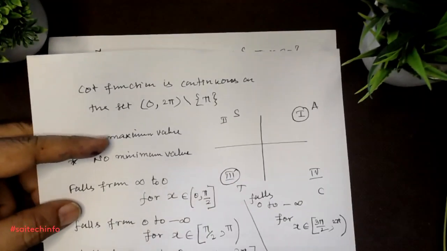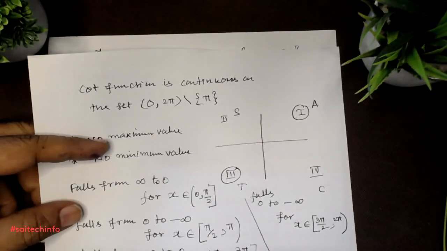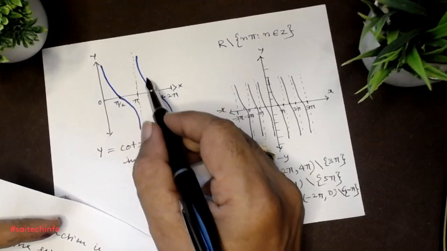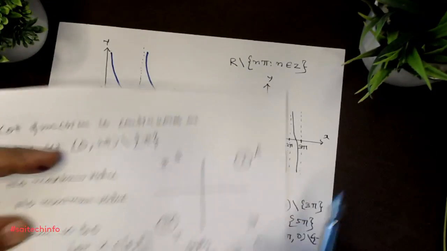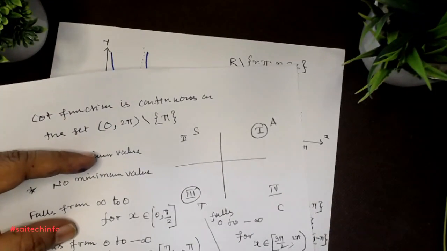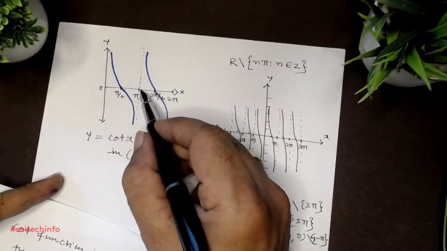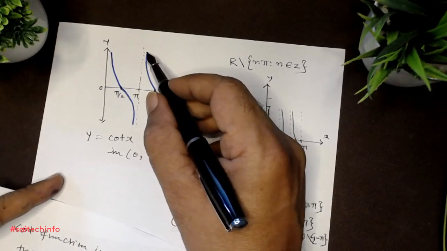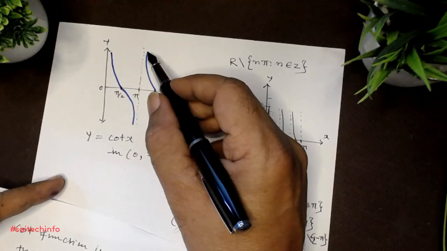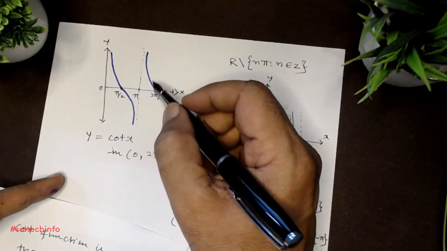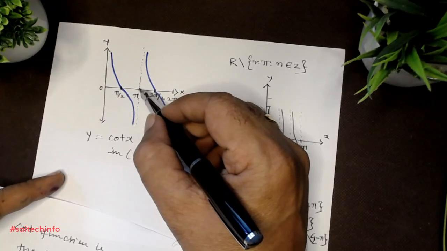Similarly, infinity to 0, again infinity to 0, and then it crosses pi by 2, then pi by 2 to pi, that is over.